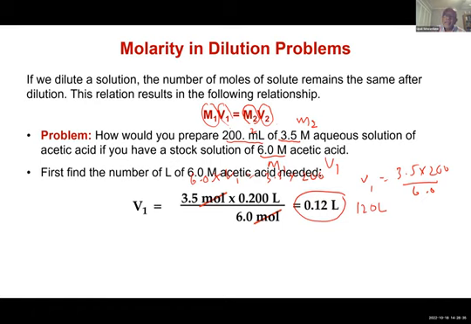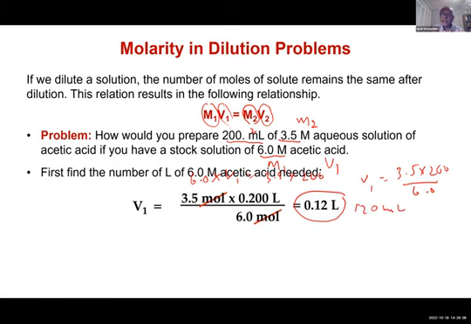How do I get 120? A liter has 1000 milliliters. When you multiply 0.12 by 1000, you get 120, and that is 120 milliliters, not liters.